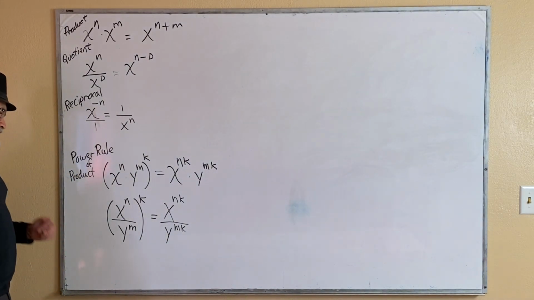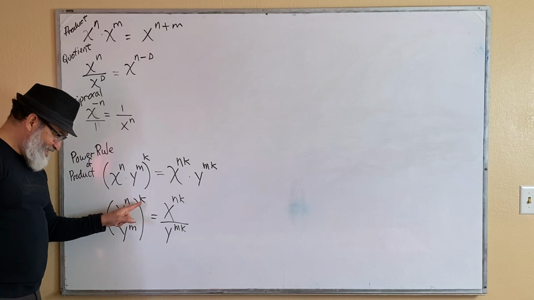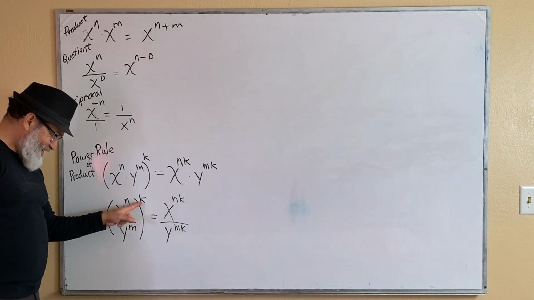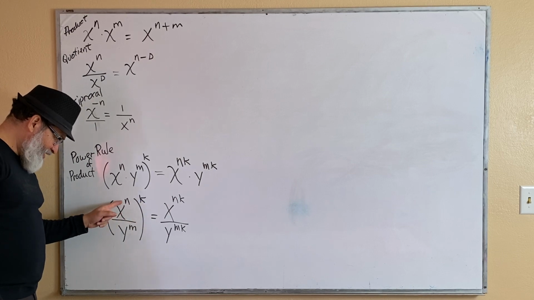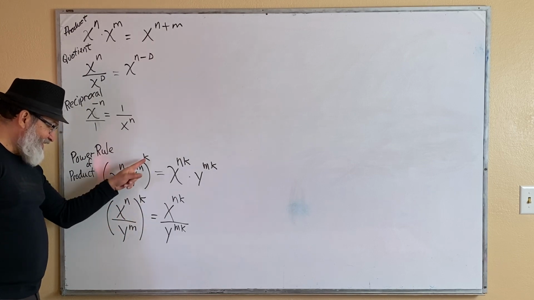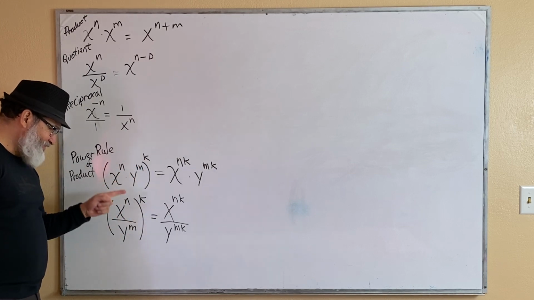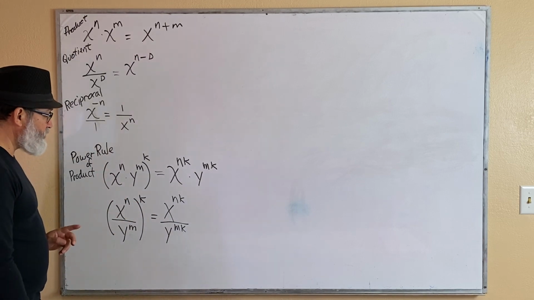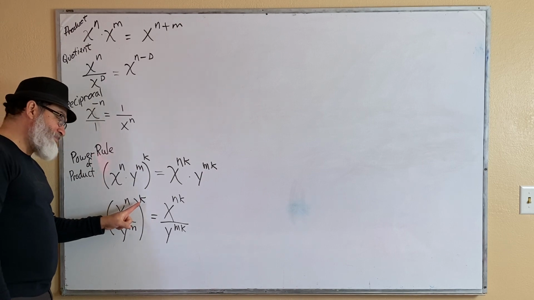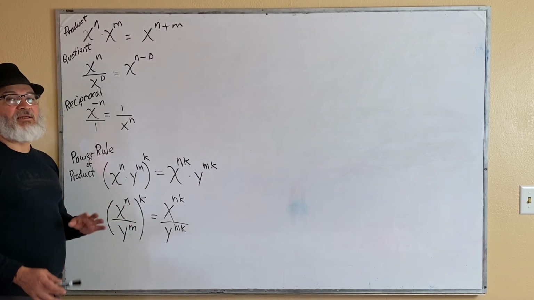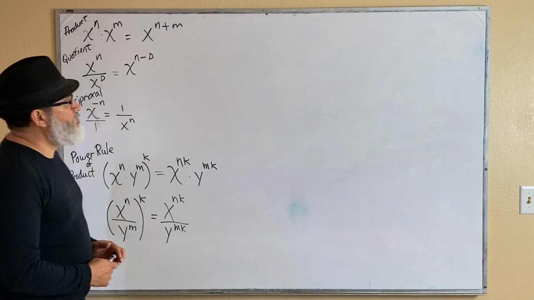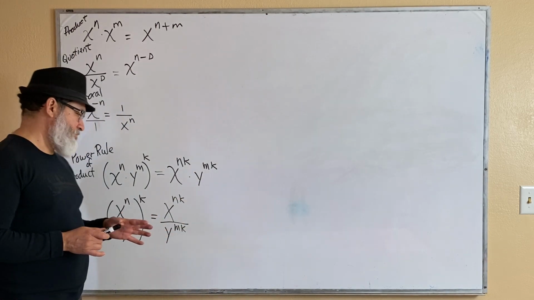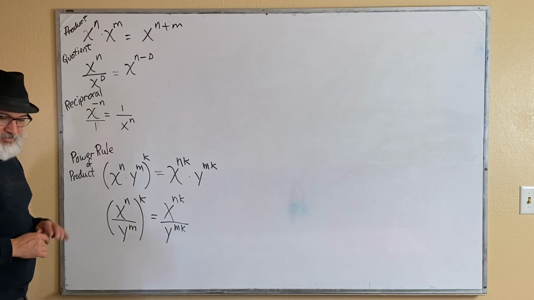All right, note, sometimes this roof, this power of the quotient, this power of the product, I call this power roof, like I said earlier. Sometimes this roof is going to be negative. No problem. The concept is the same, okay? Here's the rule.